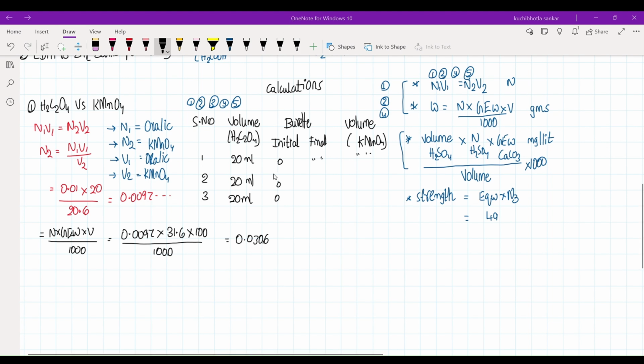Okay, 30 point, what did we get here? 30.652. If you divide by 1000, you get 0.0306. Okay. So that is how you do the calculation. That is how you are going to do it for all the experiments, I mean all the 5 experiments.